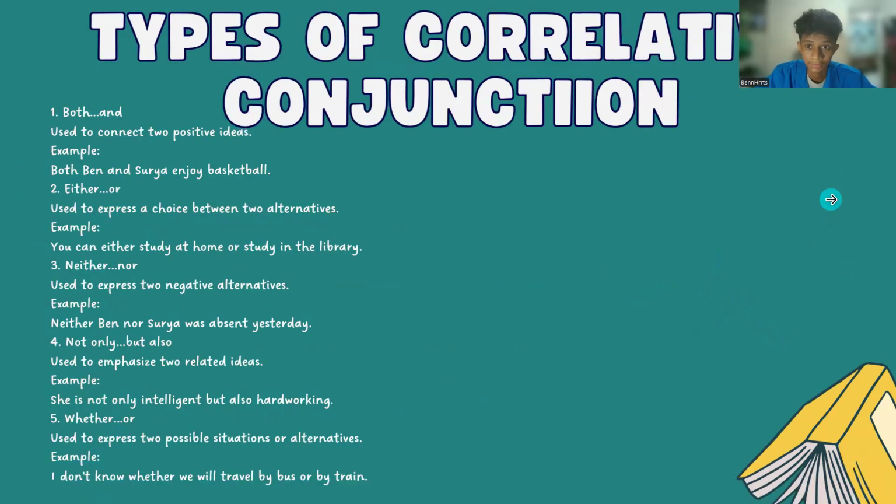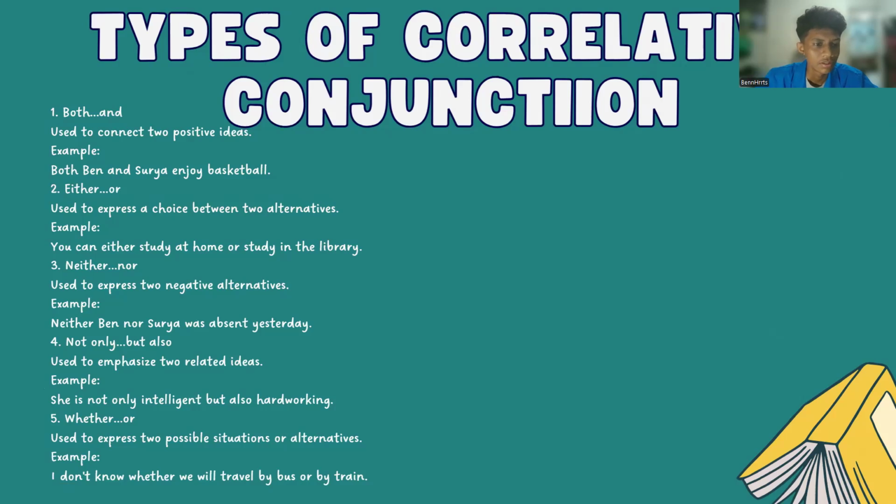And these are types of correlative conjunction. Both and is used to connect two positive ideas. For example, both Ben and Surya enjoy playing basketball.